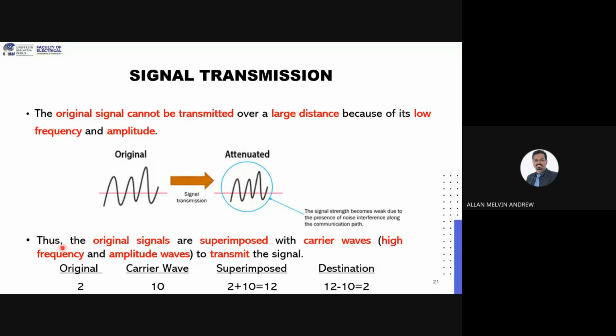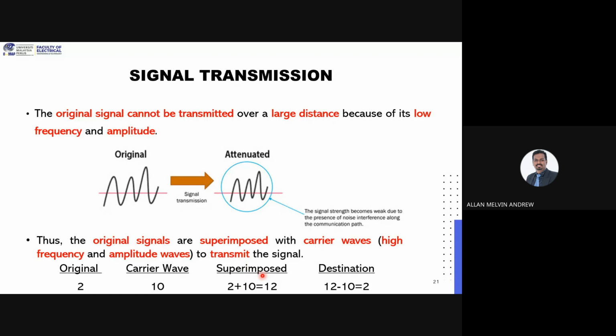Okay, so the original signal is superimposed with the carrier waves, high frequency and amplitude waves, to transmit the signal. You can see the example here. Let's say the original message is 2 volt. The carrier wave must be higher frequency and also amplitude, so let's say it's 10.